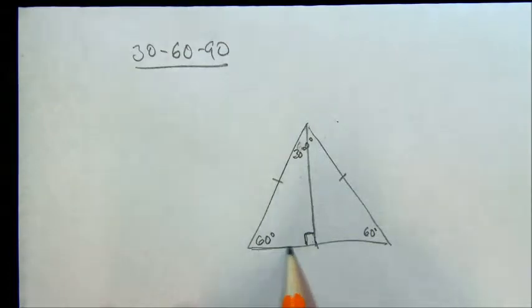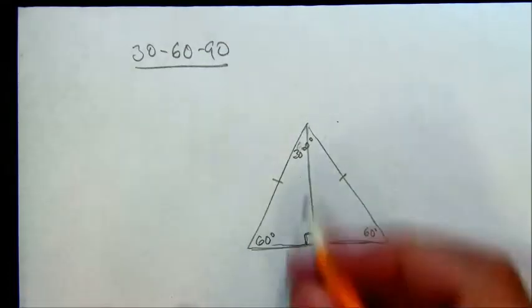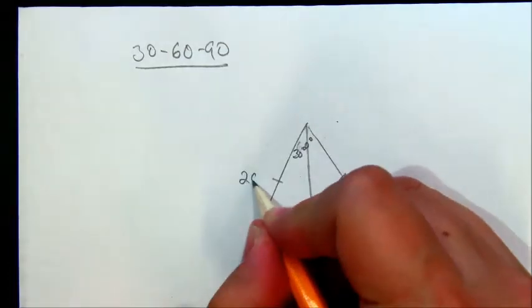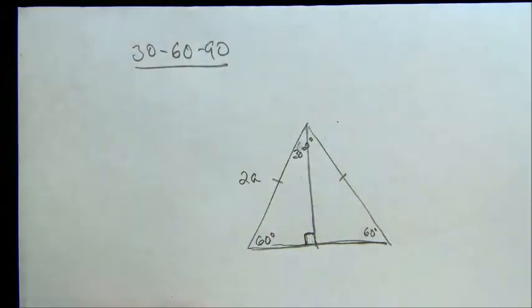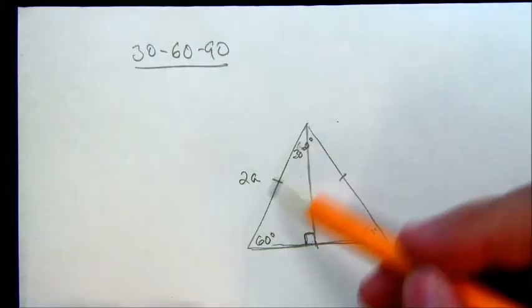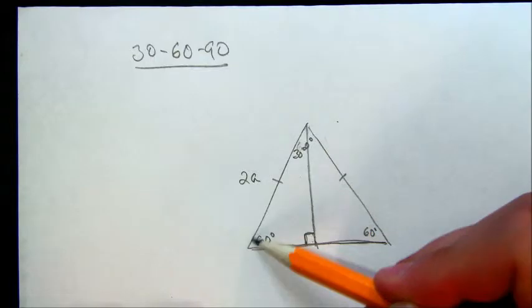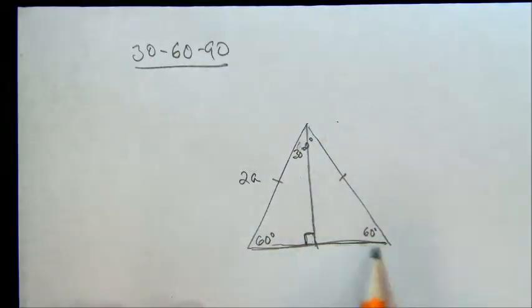Well, if I say that the whole side of the triangle is 2A, why not just A? Let's see why in a second. If this is 2A, I know that this side is also 2A, right?